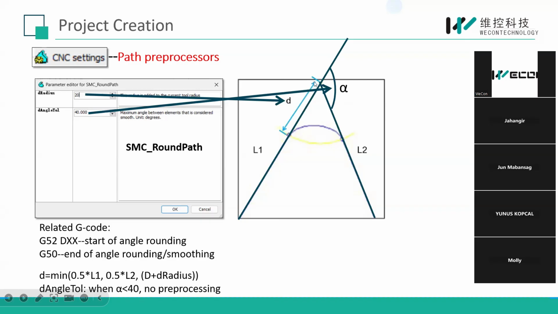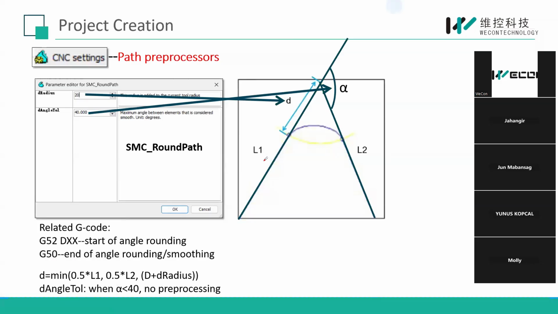And then the distance of this d will be the smallest value among these three parameters. First parameter is 50% of L1. Second parameter is 50% of L2. And then the third parameter is the sum of d and this parameter. Take an example.